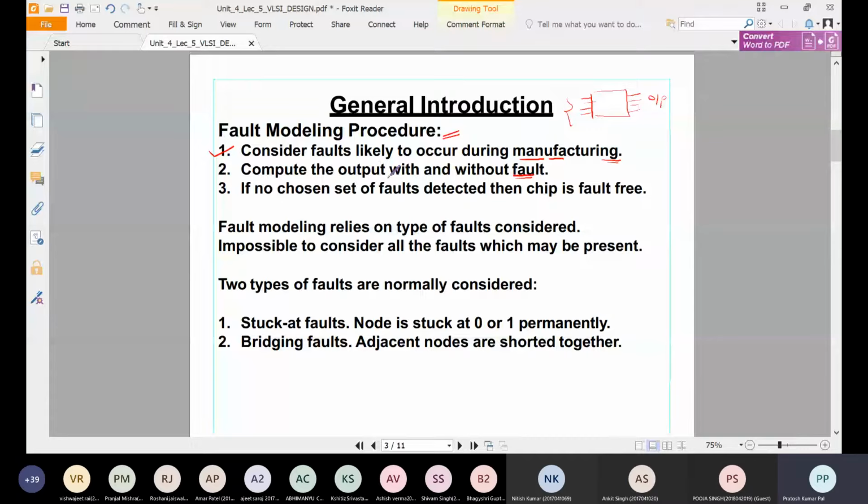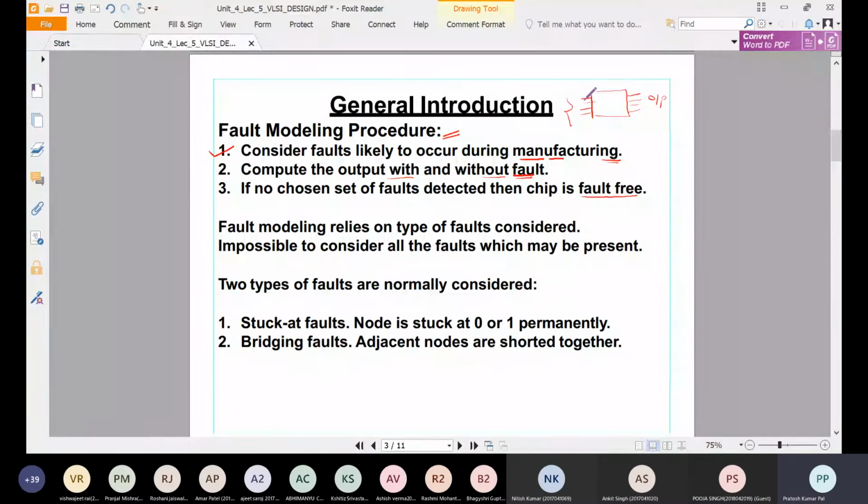Now, if no chosen set of faults is detected, then the chip is fault free. So we will be checking the output with faults and without faults. That means we will be providing some inputs that include the faults also, and the without-fault outputs and with-fault outputs will be considered.